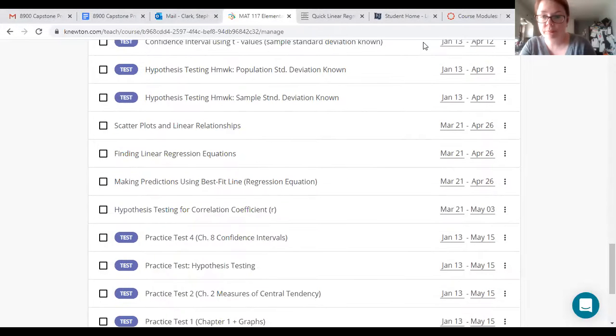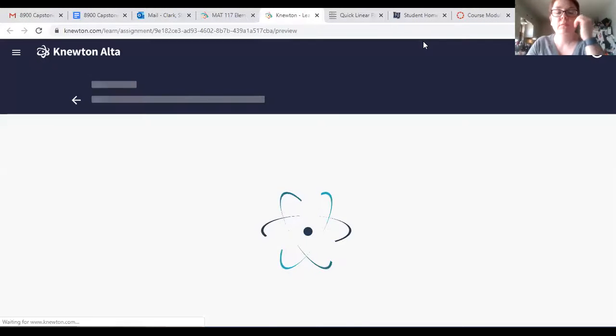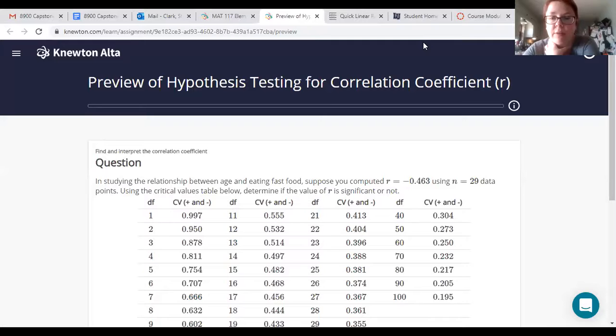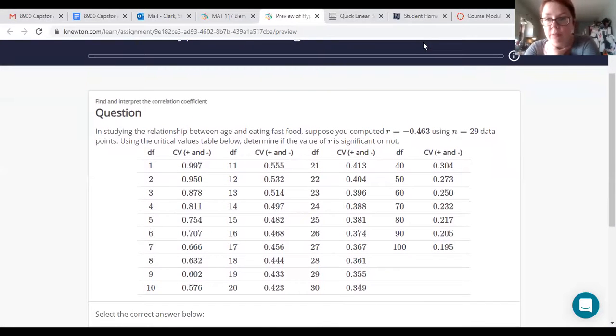All right. So it doesn't ask you to state a hypothesis or anything like that, but it gives you basically a table, like table I, and it's asking us if R is significant or not. So, would you reject or not reject?